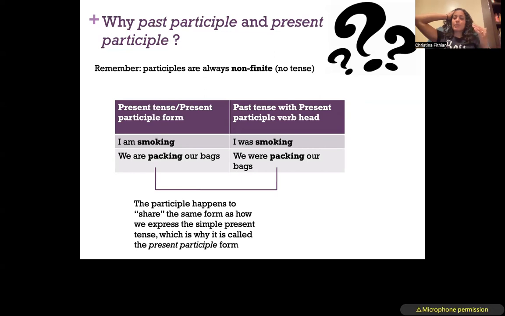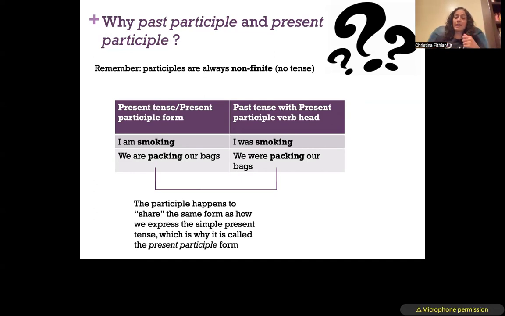So we call this a present participle form because it is the way that we express the actual present. So it shares a form with the actual present and how we express the actual present. And this is why we call this a present participle form. So we don't actually use the simple present to express what we're actually doing in the simple present.